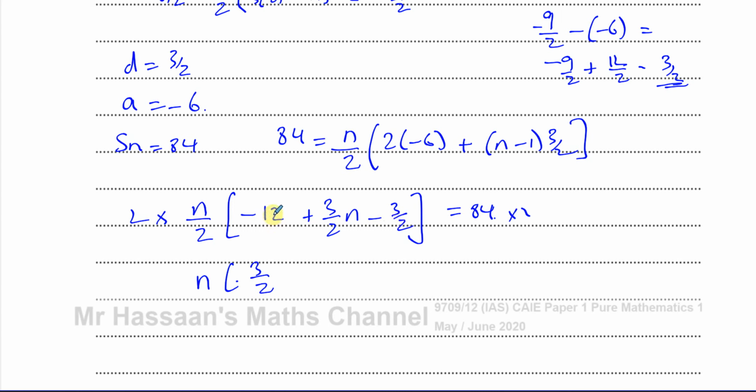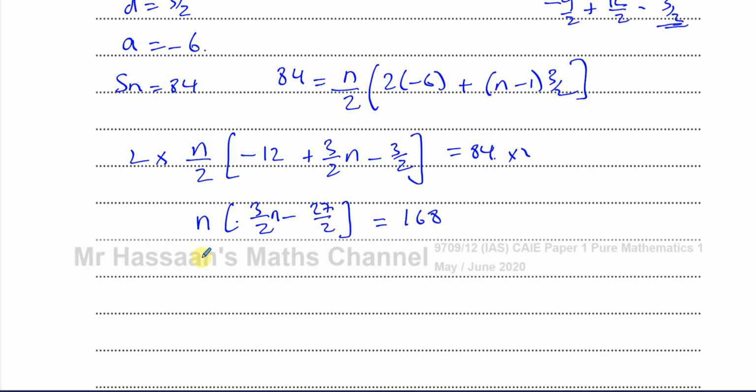Well, minus 12 is minus 24 over 2, minus 3 over 2, which is minus 27 over 2. So that goes with the n there. That's minus 27 over 2 equals 84 times 2, which is 168.